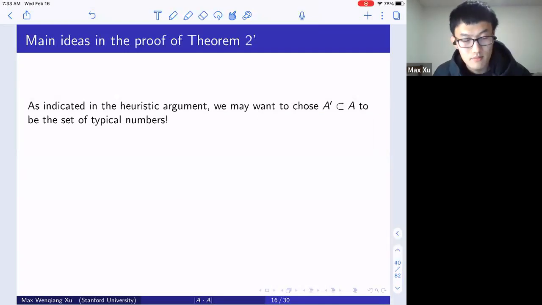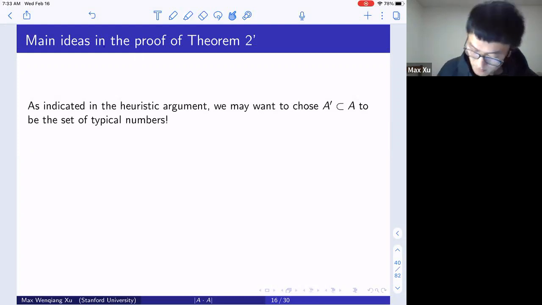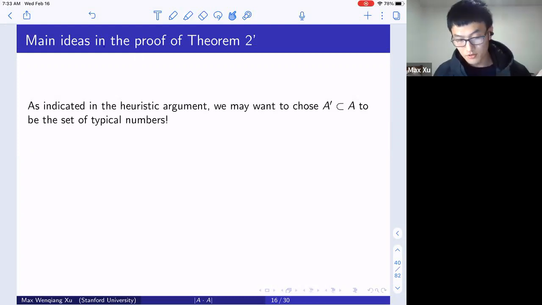So let's go through the main ideas in the proof of Theorem 2 prime. As indicated in the previous heuristic argument, we try to do a similar thing. We may want to pick a set of elements and call it A prime, the set of typical numbers, whatever that means.